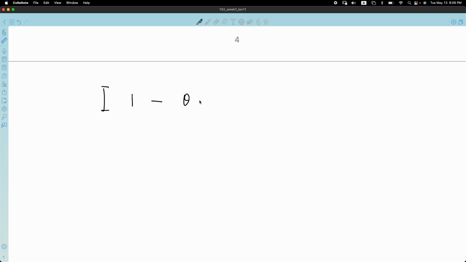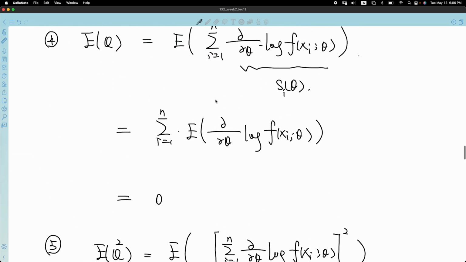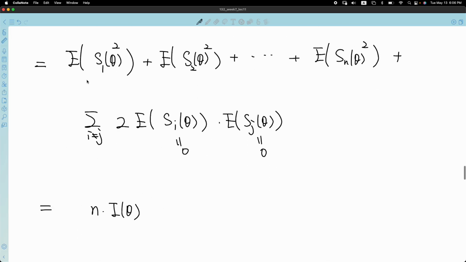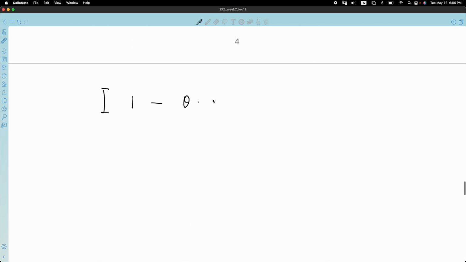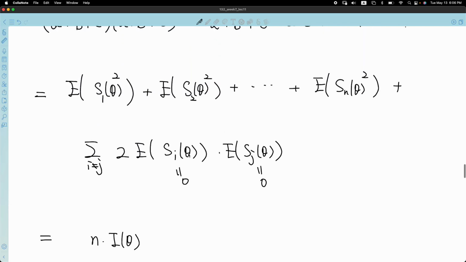The expectation of Q, from bullet point 4, we know equals 0. So multiply by 0, close the square bracket and then take the square. Divided by the variance of theta hat, multiplied by the expectation of Q square.